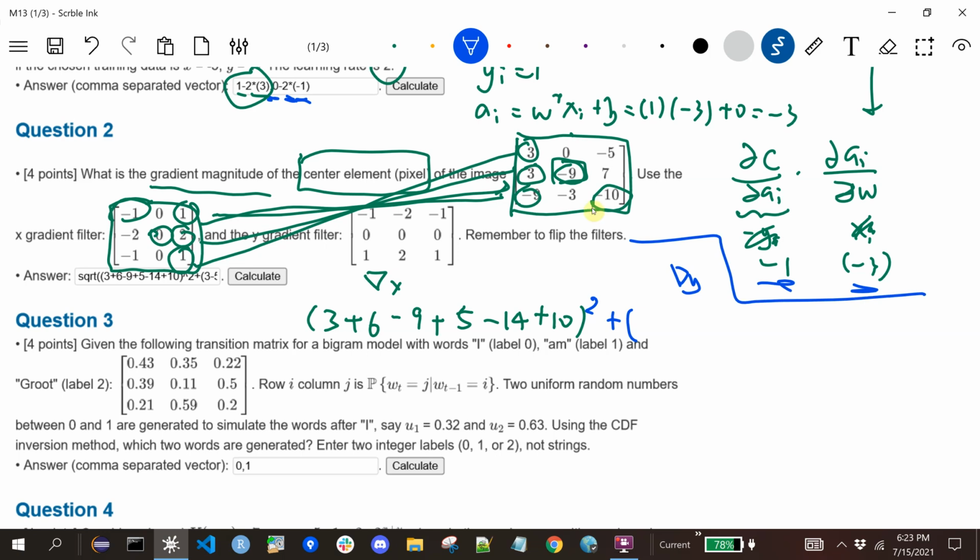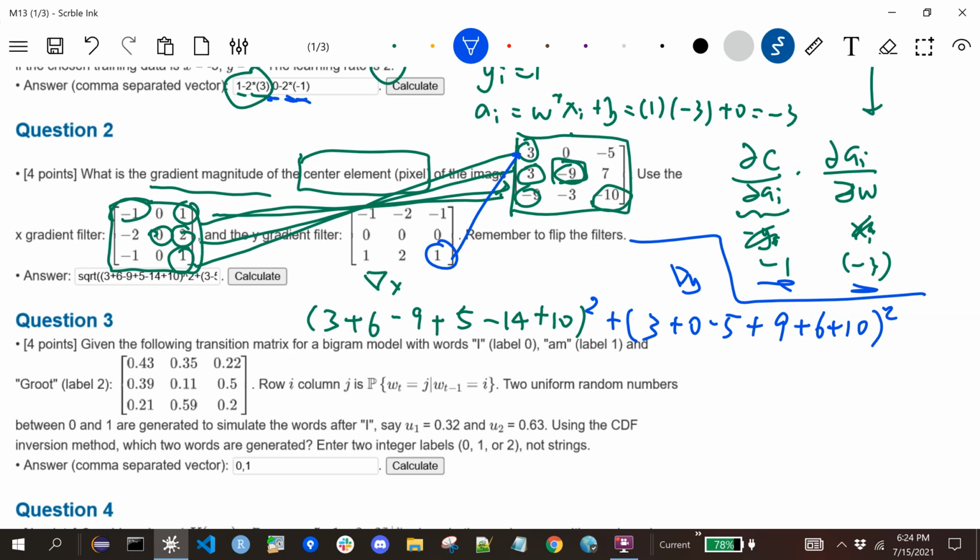which is, you can do the multiplication the same way. So the last element multiplied by the first element, or if you want to flip the filter and then multiply, it's okay too. So it's 3 and plus 0 minus 5 plus this is minus 1 multiplied by 9 and 6 and 10.